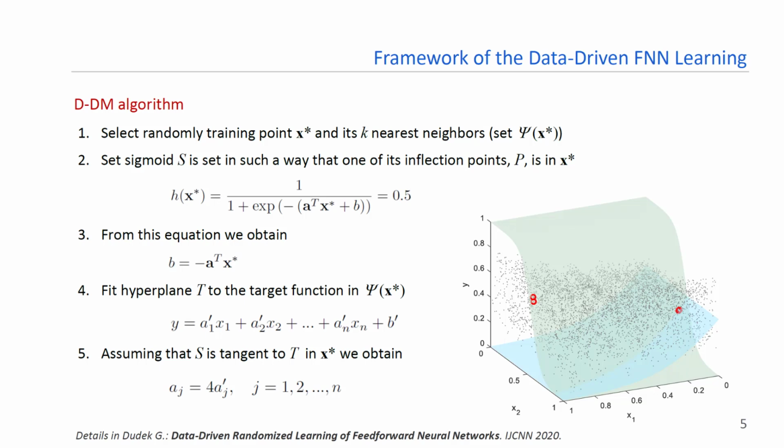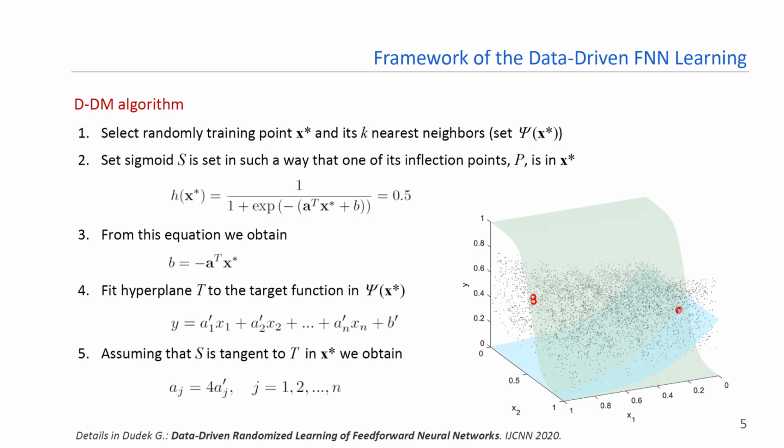It is set in such a way that one of its inflection points, P, is in x asterisk. The sigmoid value at the inflection point is 0.5, so we get this equation, from which we obtain the bias B. Note that the bias depends on the weights and the randomly selected training point.